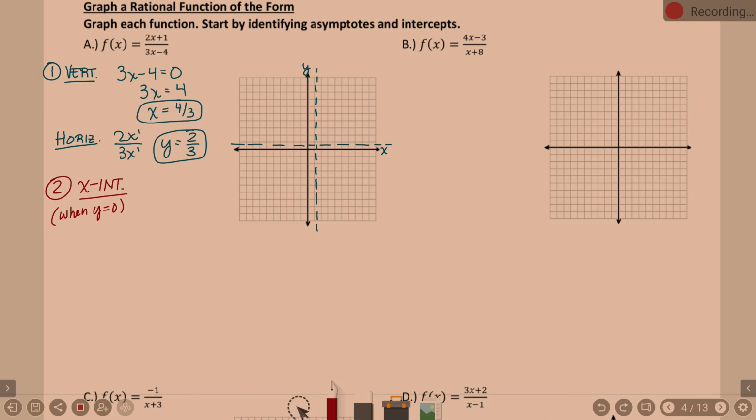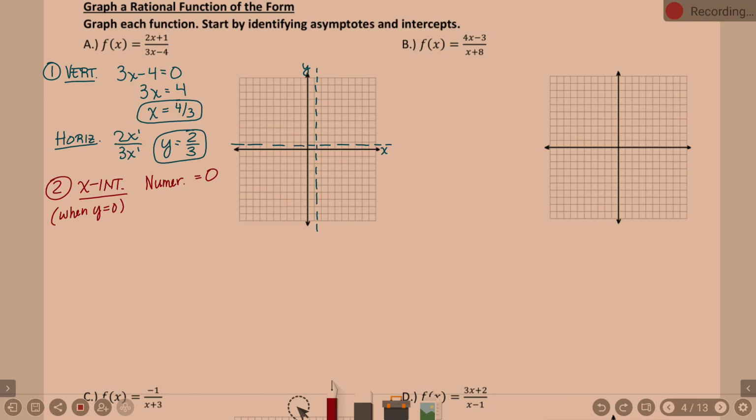Well, tell me, when does a fraction equal 0? When it's 0 divided by something. So basically when your numerator is 0. So the shortcut in order to find your x-intercept is to set your numerator equal to 0.